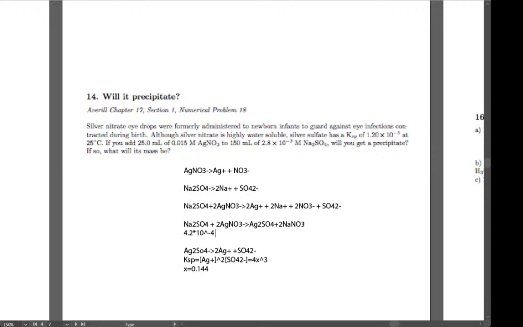For that one, it would be 0.015 multiplied by 0.025. That's 3.75 times 10 to the power of negative 4.